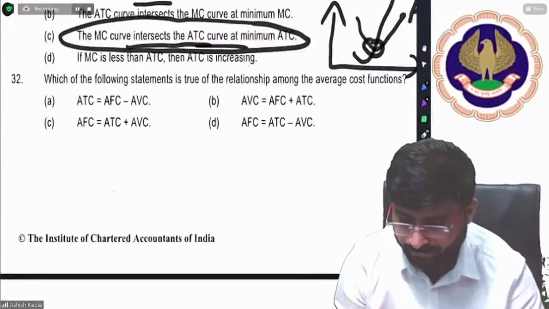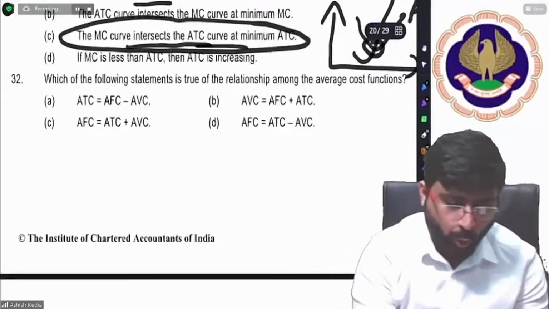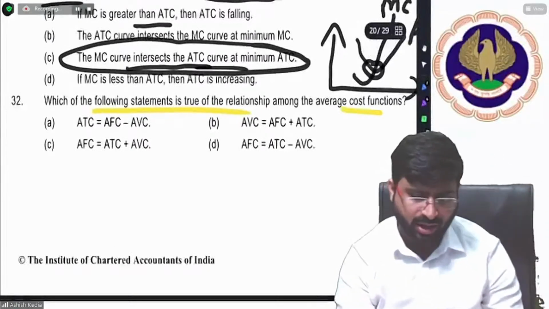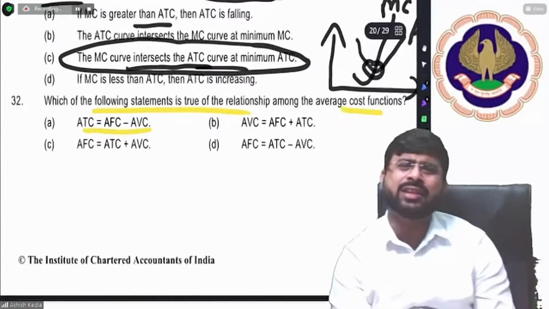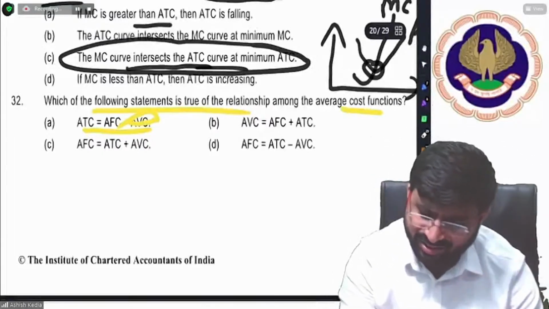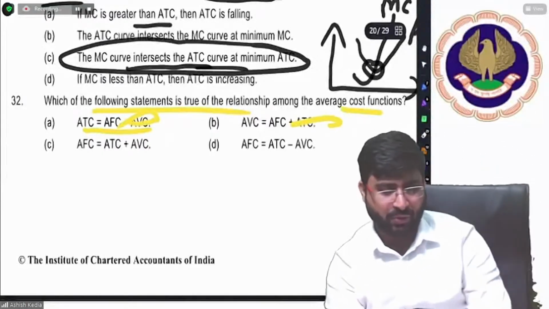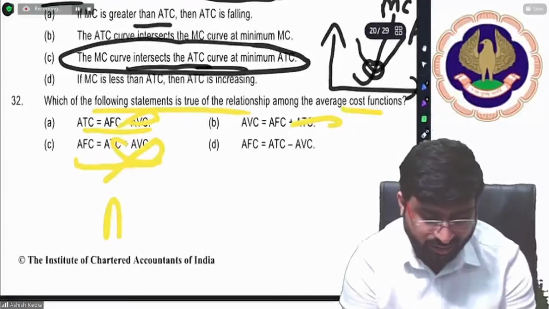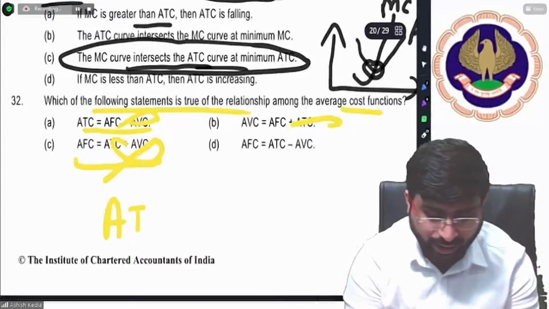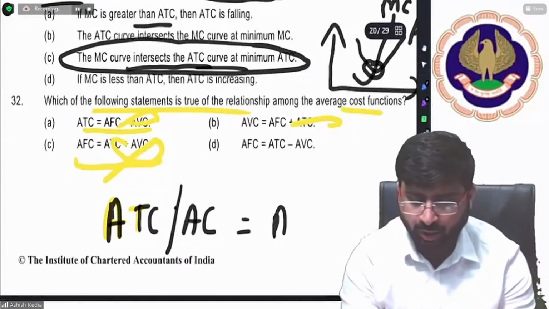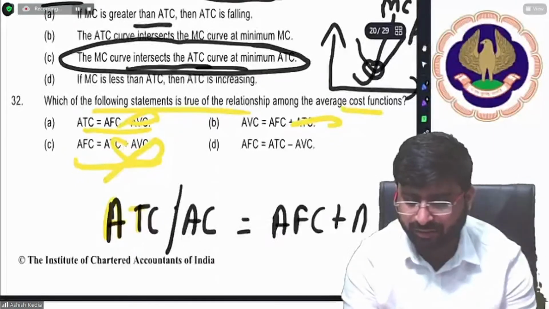Number one. Now, which of the following statements is true of the relationship among average cost functions? ATC is AFC minus AVC? I don't think so. AVC is AFC plus ATC? No. AFC is ATC plus AVC? No. See, the relation is: average total cost, also called average cost, equals average fixed cost plus average variable cost.